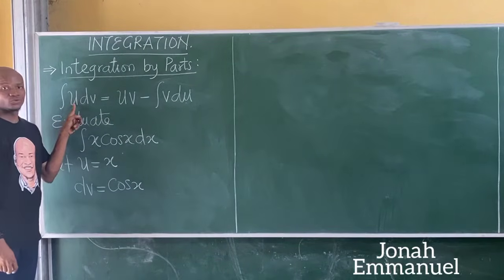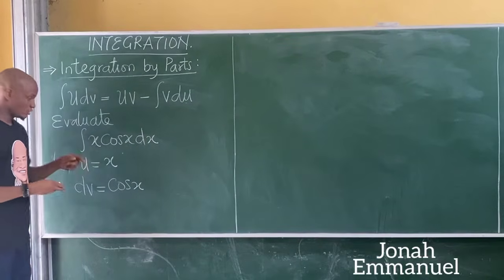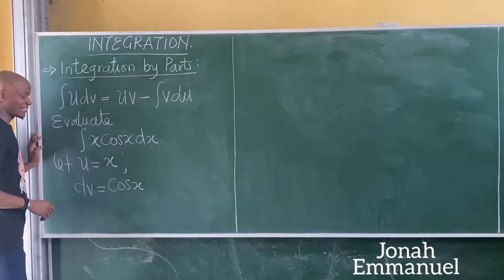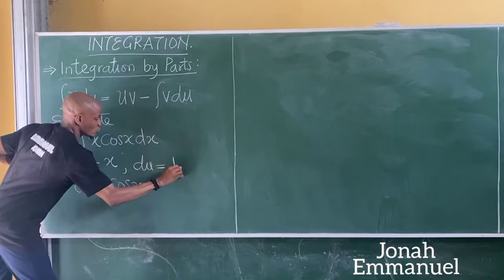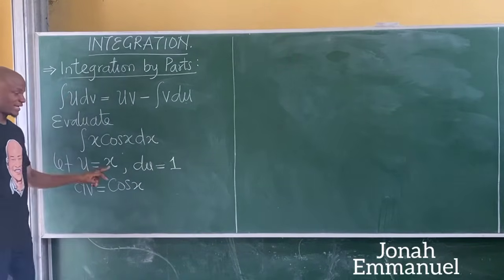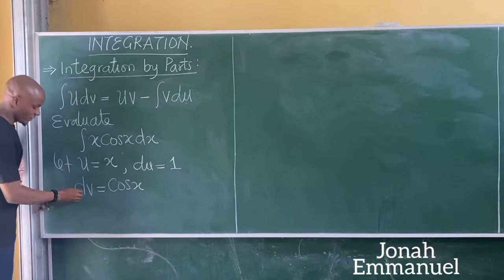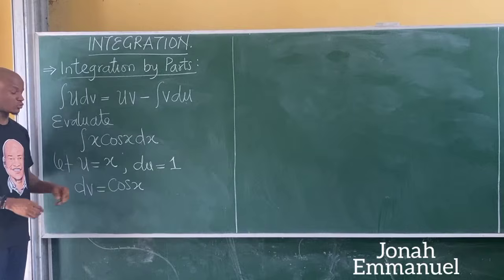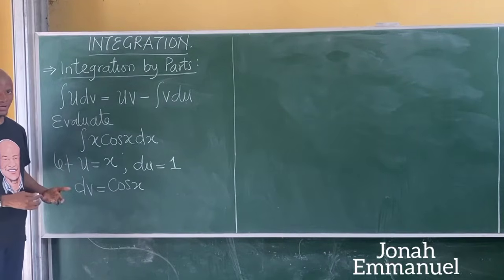If I've got u, to get the value of du, I'll have to differentiate. So hence, if u is equal to x here, if I differentiate, I'll have that du is equal to 1. So if I differentiate x, I get 1. Also, if I have that dv is equal to cos x, to get the value of v, I'll have to integrate.